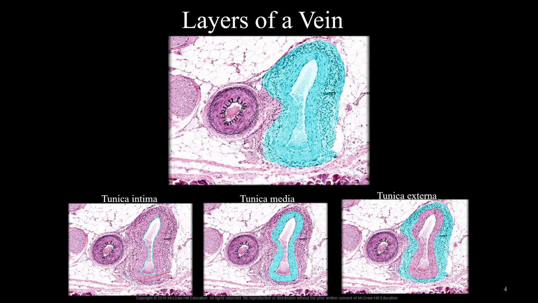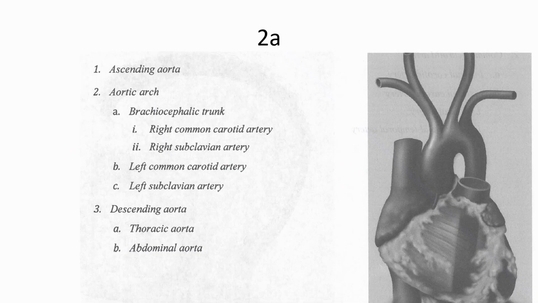When I say relatively less, if you compare the entire thickness of the vessel, what proportion of it is the tunica media, an artery has a larger proportion relative to the thickness of the wall that is the tunica media. And then you have the tunica externa, which is a little bit larger in the veins overall.